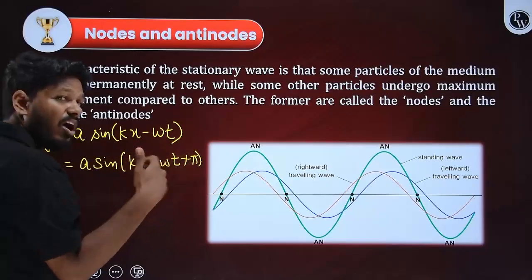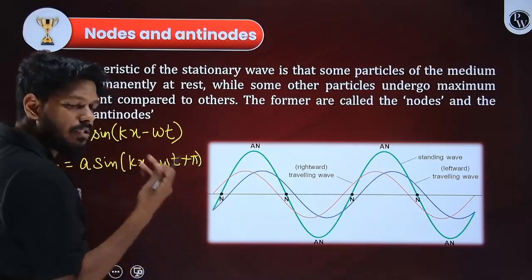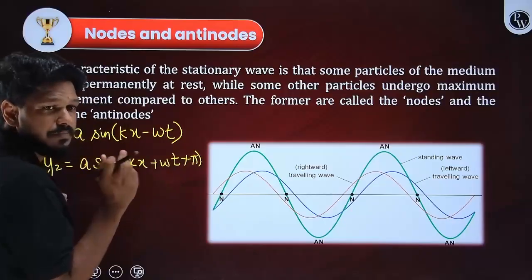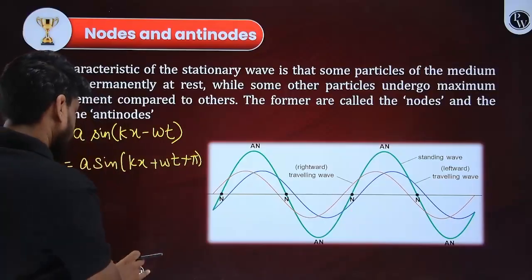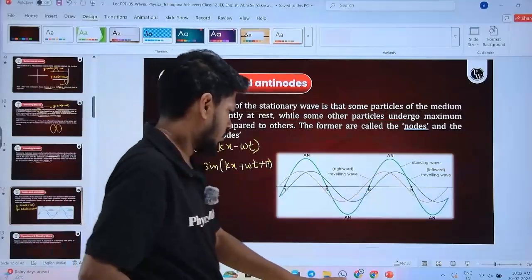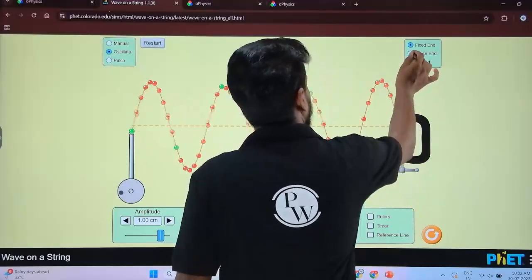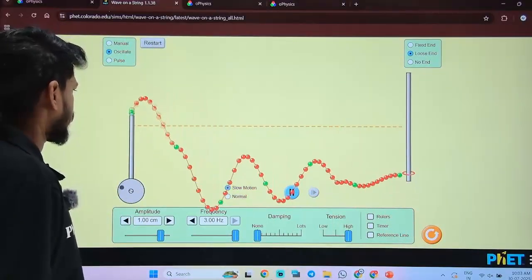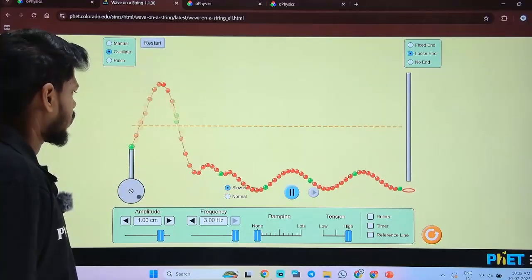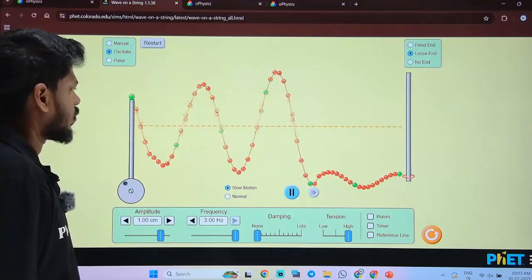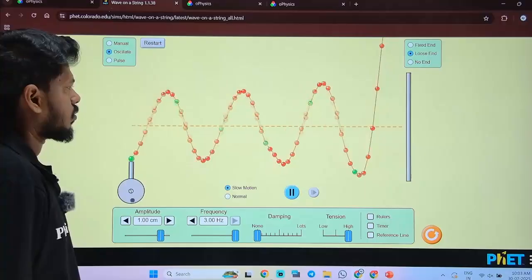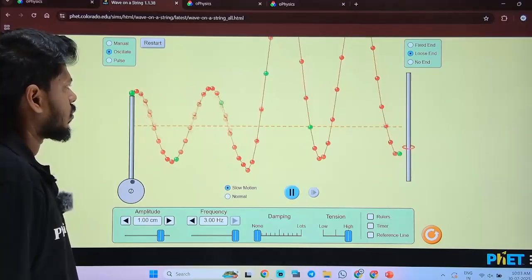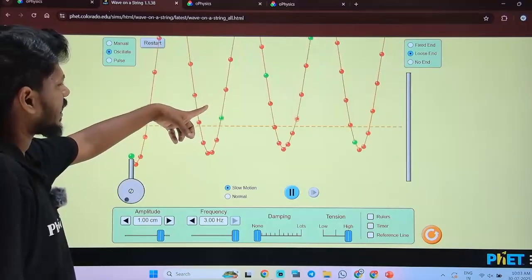If the end is open, sir, is it possible to have open end? Yes, even with open end it is possible. Let me try to show you that also. So if I have loose end, can you see the standing wave?